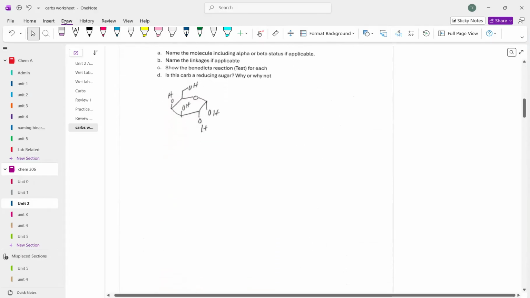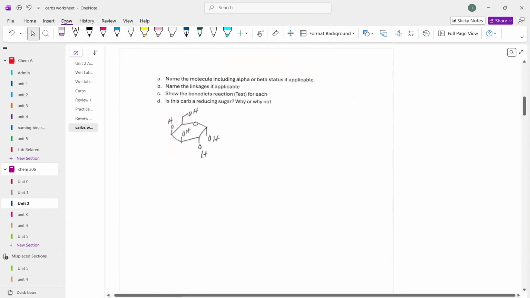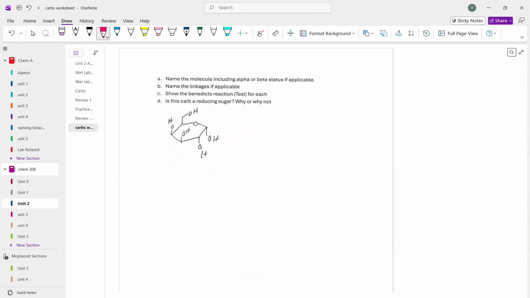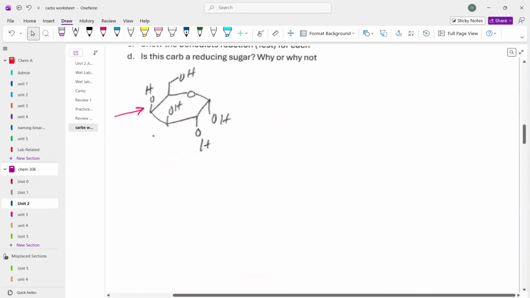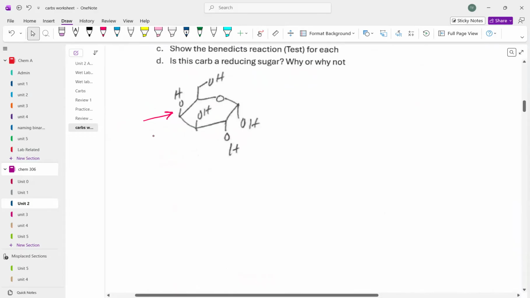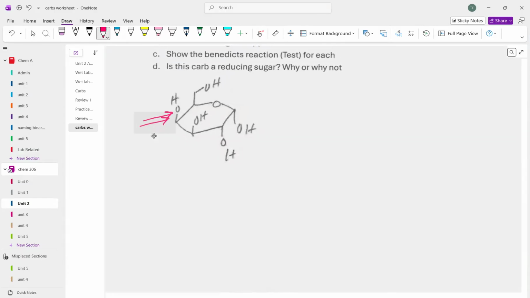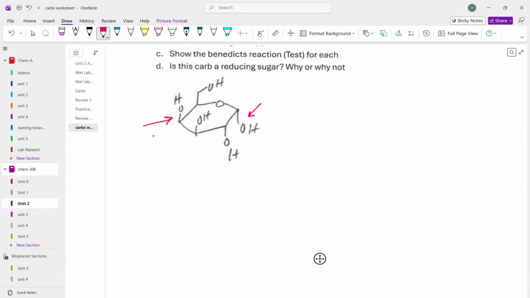Okay, so let's start with this one here. This is galactose. We know it's galactose because carbon number 4's hydroxyl group goes up. If it went down, it'd be glucose. It's an alpha because the hydroxyl on carbon number 1, the anomeric carbon, is going down.